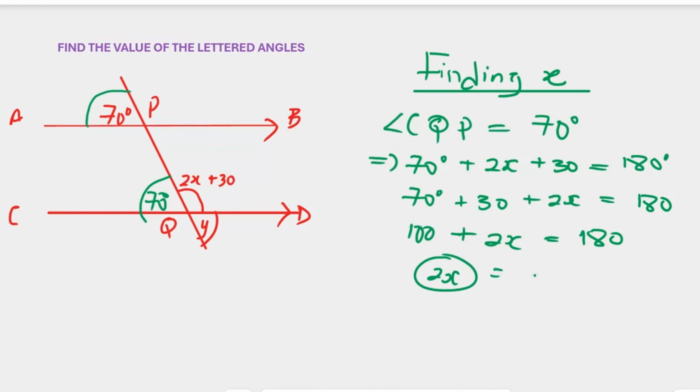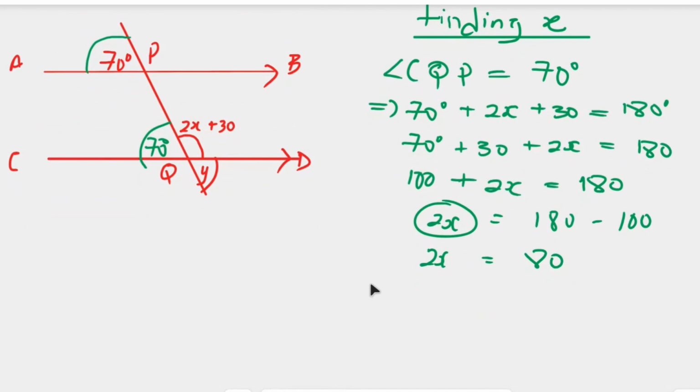That's going to be 180 minus 100. So we have 2x equal to 80, right? So we find the value of x by dividing through by the coefficient of x, which is 2, on both sides.